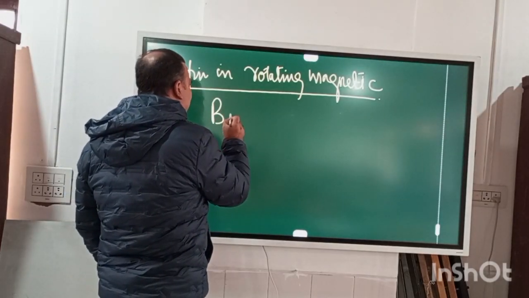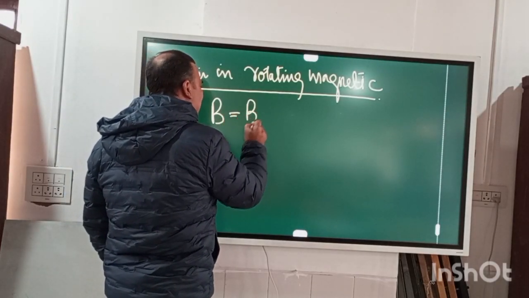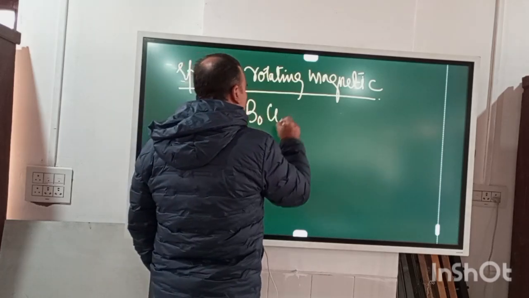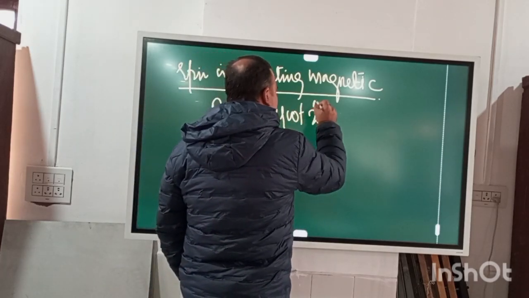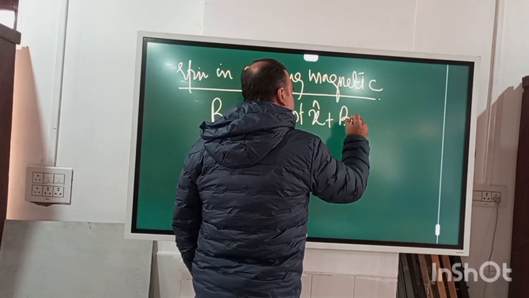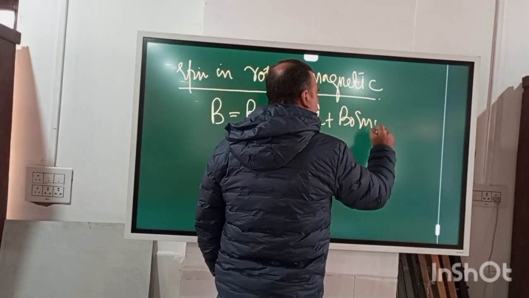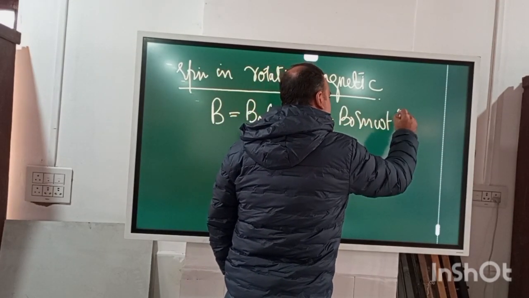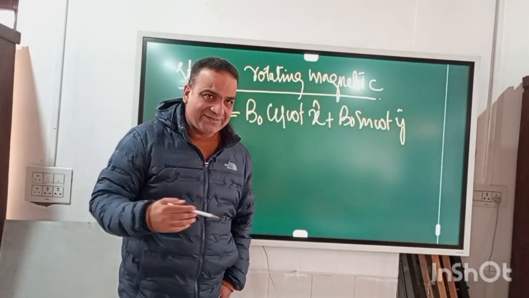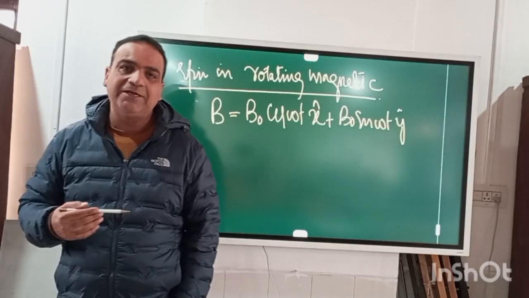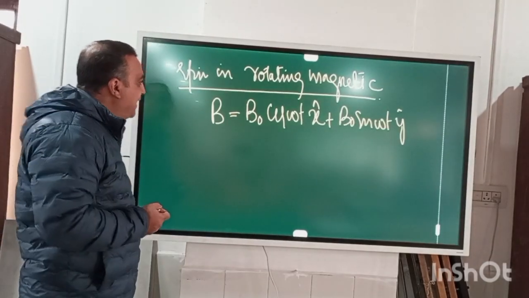I can write that as B, and this B can be written as B naught cos omega t x cap plus B naught sine omega t y cap. So this is my magnetic field in a two-dimensional plane.